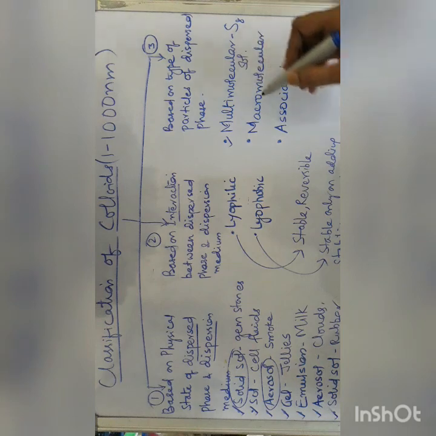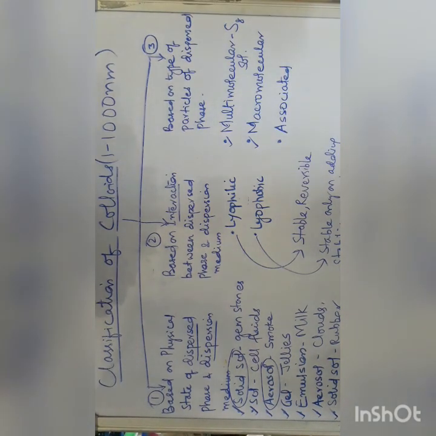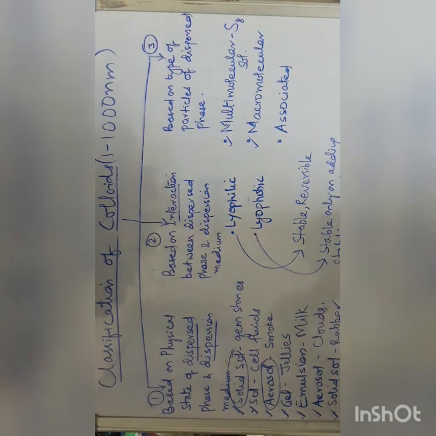Second type of colloid based on the type of particles of dispersed phase, that is macromolecular colloid. The term macro means large or big. So macromolecular colloids are the colloids in which the size of the particles of dispersed phase is very big and they are already in the colloidal range. So such type of colloids are called macromolecular colloids.